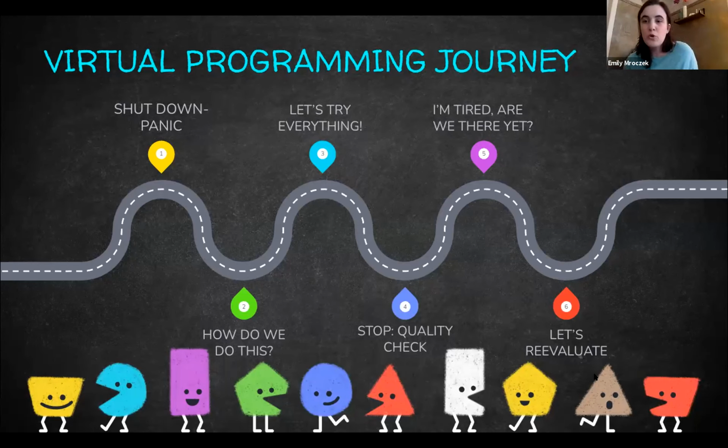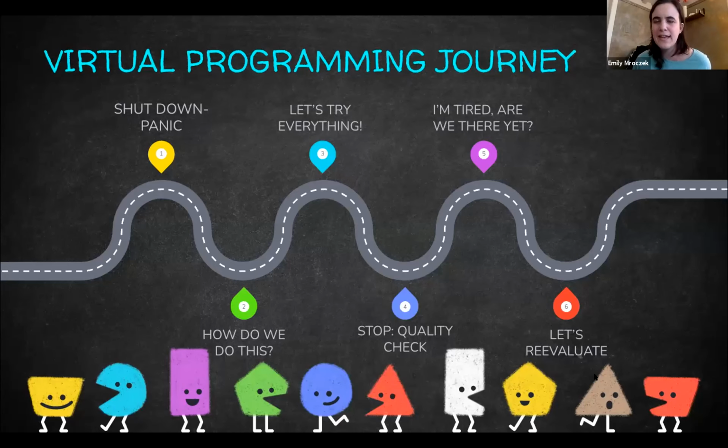What should happen? To wanting to try everything, to doing so many programs at once, to having something every day, to trying on Facebook and YouTube and Zoom and everywhere. And then there was a bit of a pause and looking at our quality and looking at what we are doing and who we were reaching and how we were doing that.